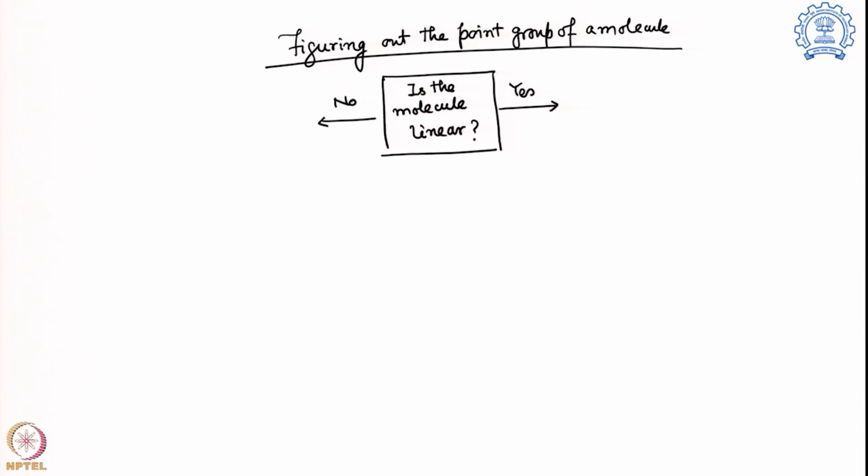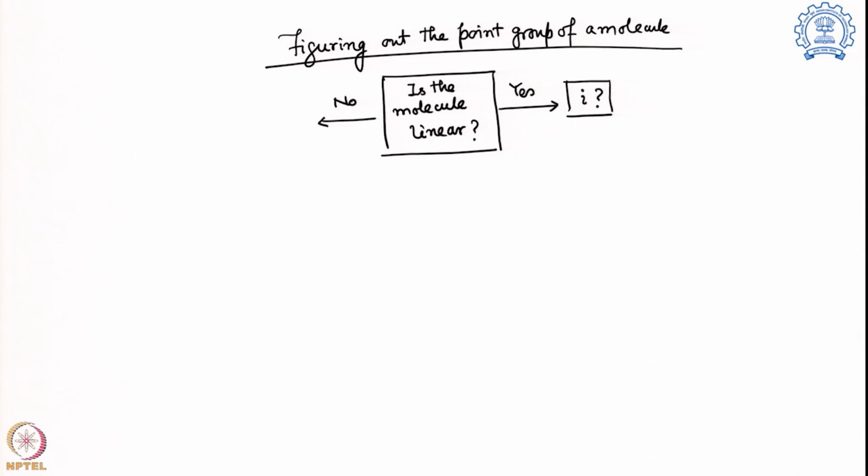If the answer is yes, then the next question I am going to ask is: do you have a center of symmetry in your molecule? Because if you remember, a linear molecule can belong to two different point groups, either C infinite V or D infinite h.